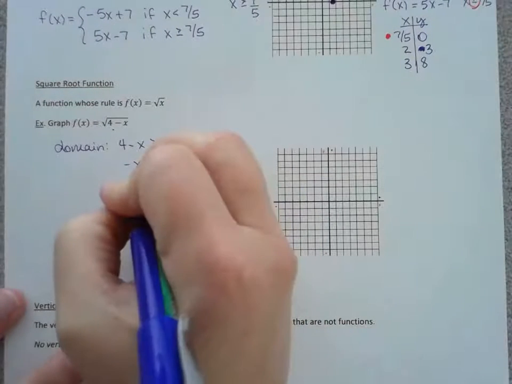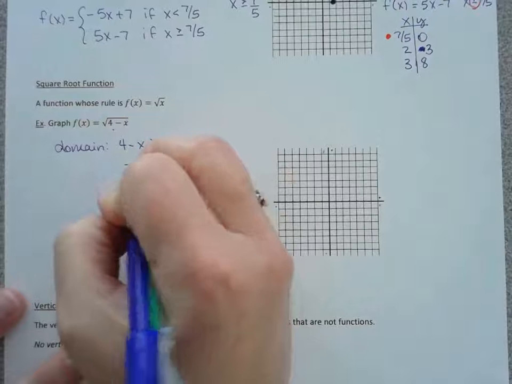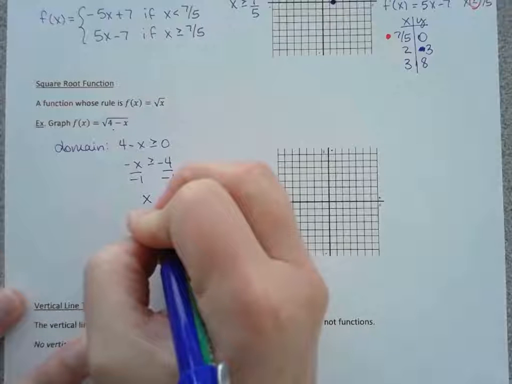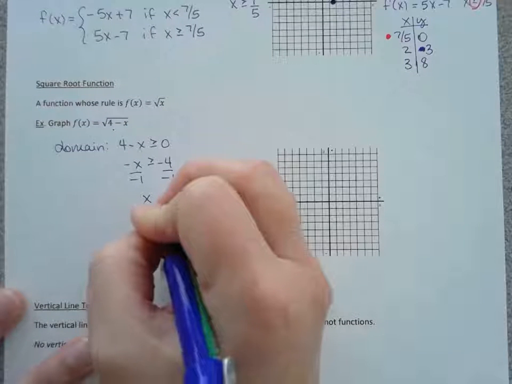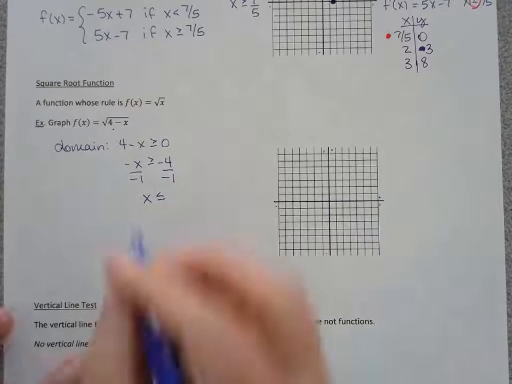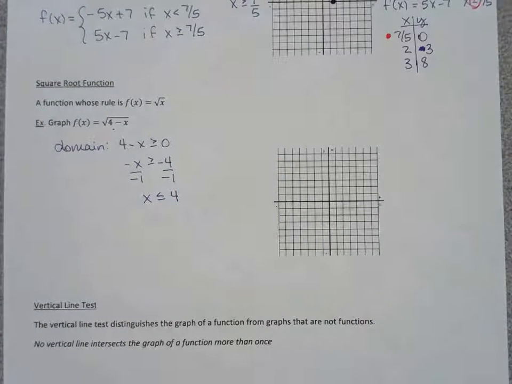Then we divide or multiply by negative 1. In inequalities, when you multiply or divide by a negative, that flips the inequality. So x is less than or equal to positive 4.